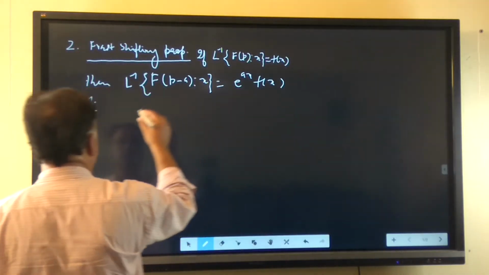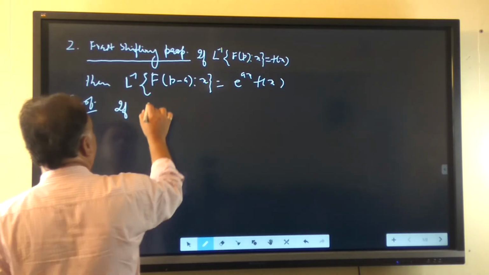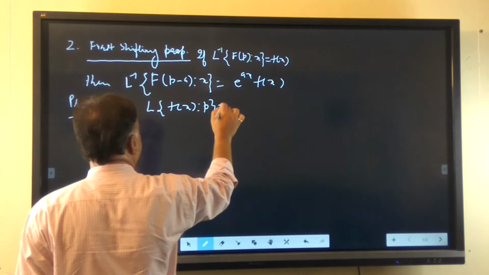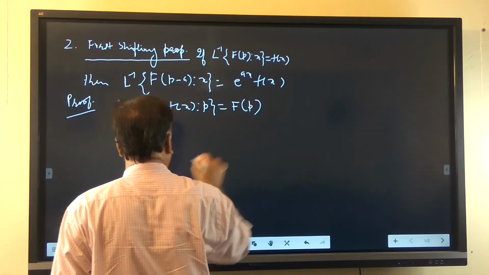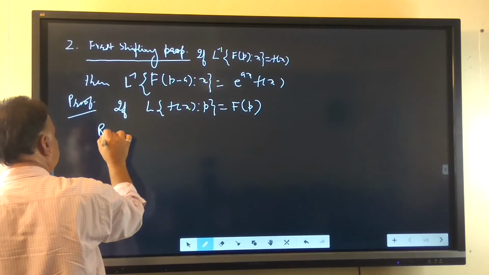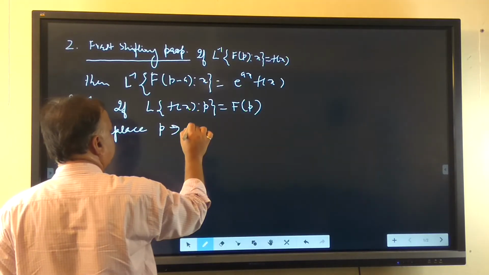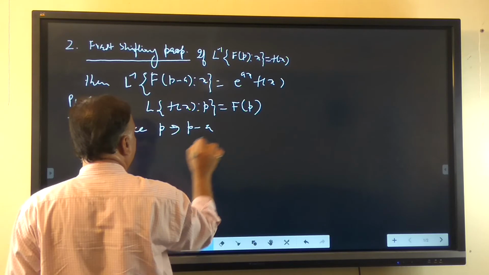which shows that if the Laplace transformation of a function f(x) with respect to p is equal to F(p), replace p by p minus a.